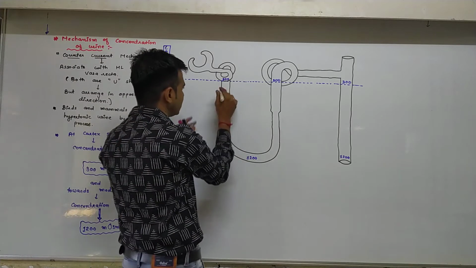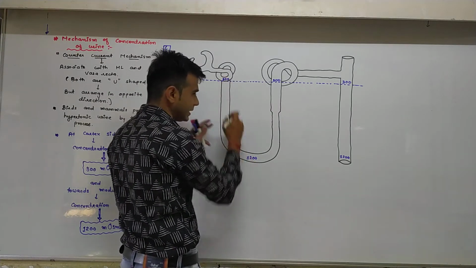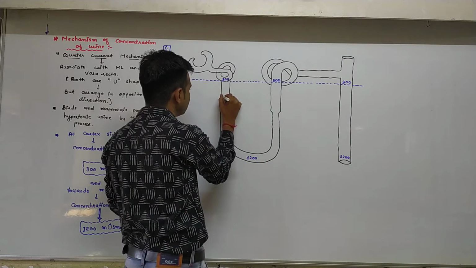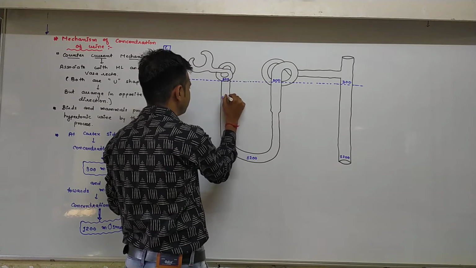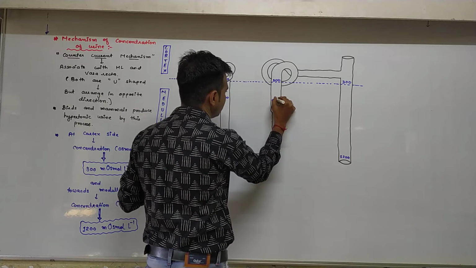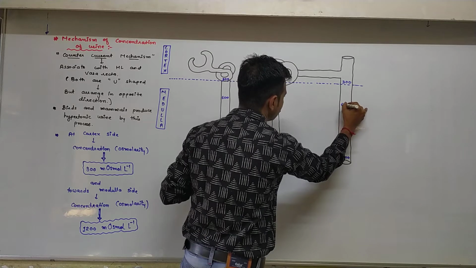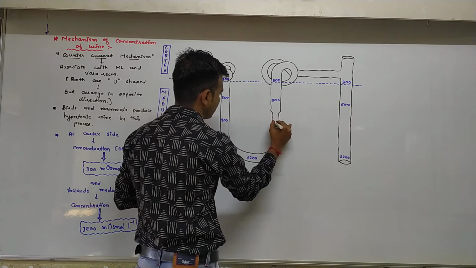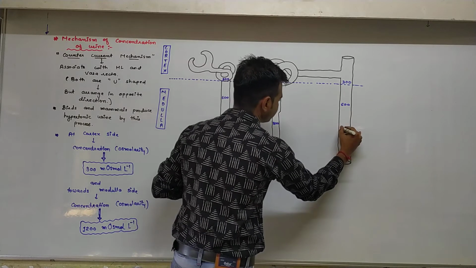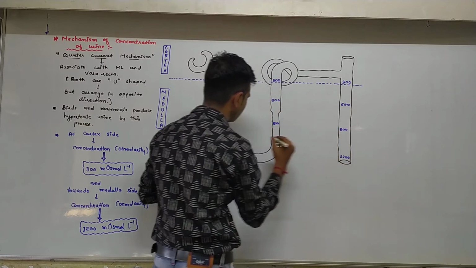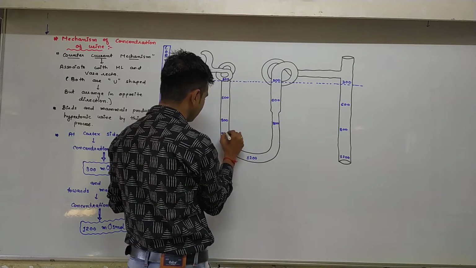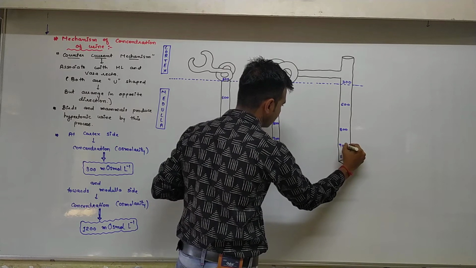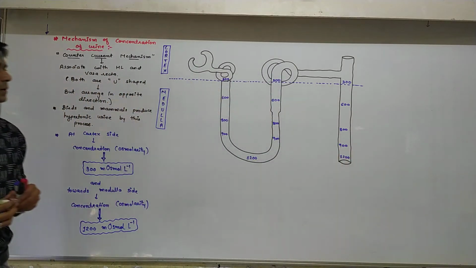Between 300 and 1200, whatever digit you want to write, no problem at all: 600, but you write at the same level, 800, 900. Estimated, I have written here. Fine.